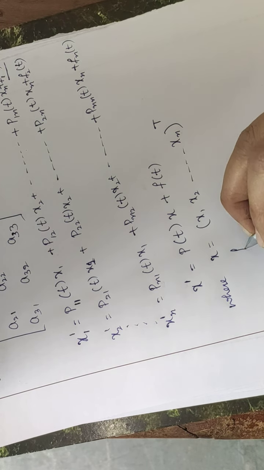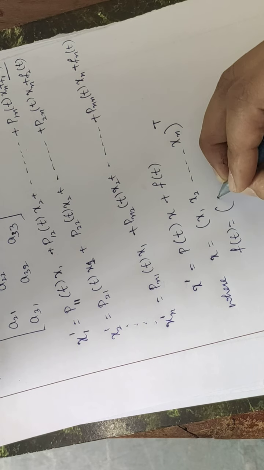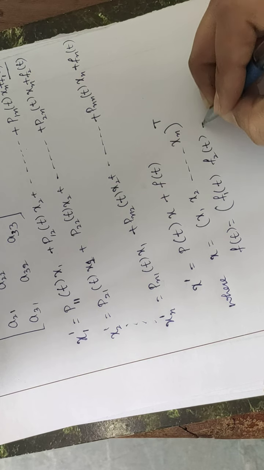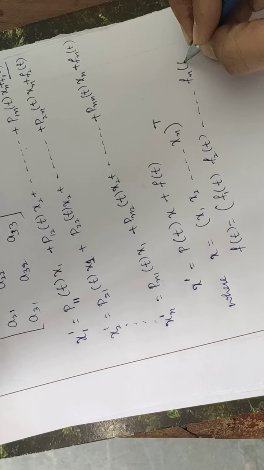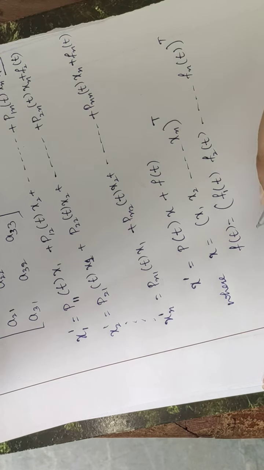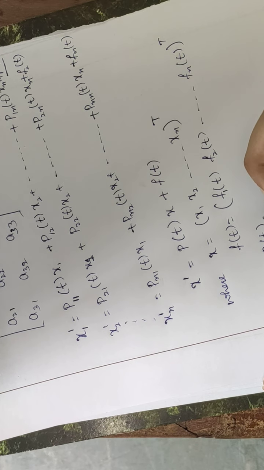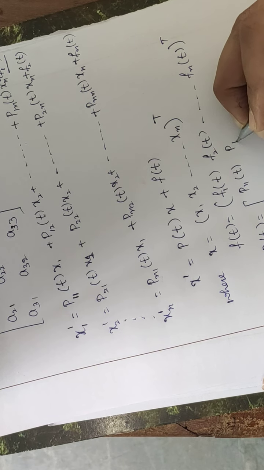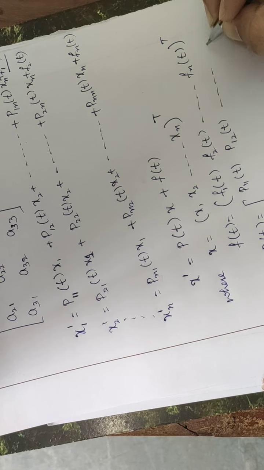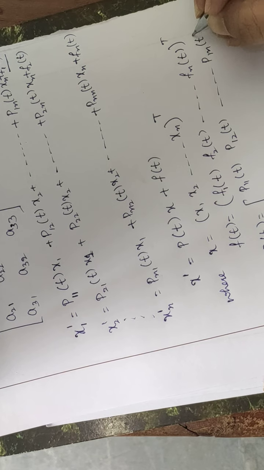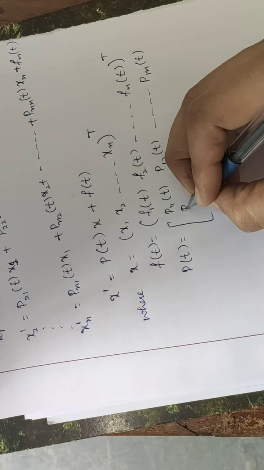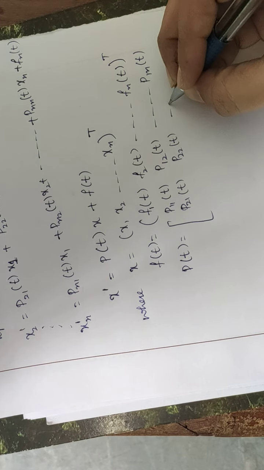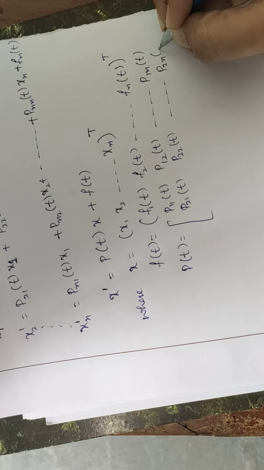So similarly, f of t will be f1 of t, f2 of t, so on up to fn of t whole transpose, and your p of t will be equal to p11 of t, p12 of t, so on up to p1n of t, p21 of t, p22 of t, so on up to p2n of t.